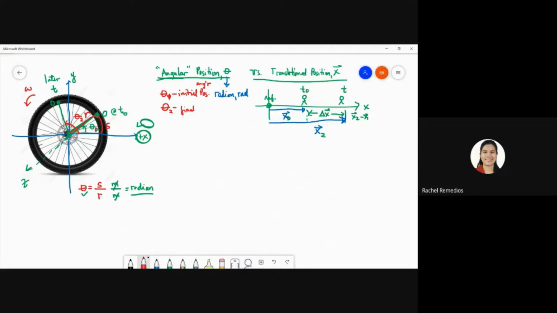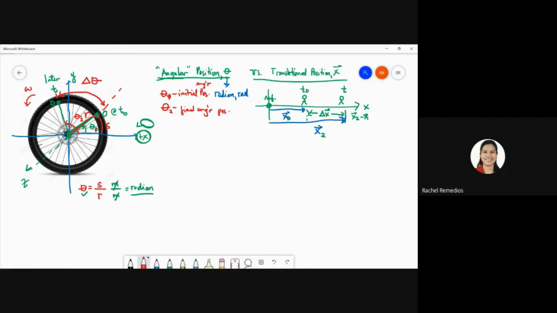So that, pag kinuha natin ang difference ng theta 2 minus theta 1, ito yung angle na makukuha natin. Ito, from here going here, this is now the delta theta.